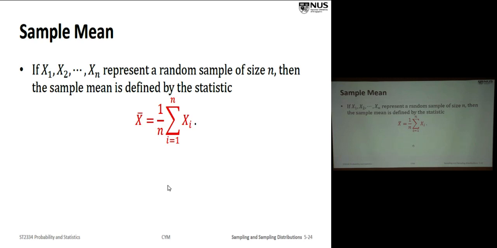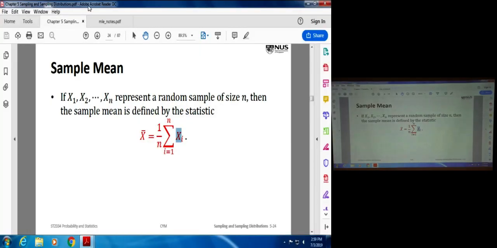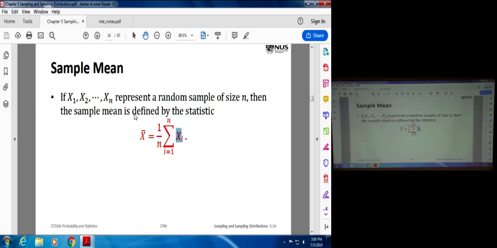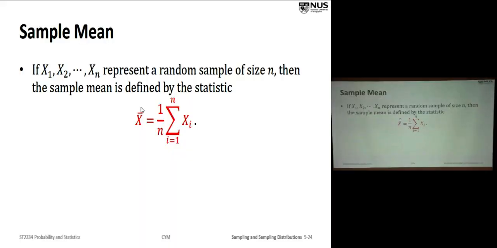Notice the difference in notation: here the Xi's are random variables, whereas in these notes the xi's are observations. We always use lowercase for realized things and uppercase for random things. I've told you about that convention before.